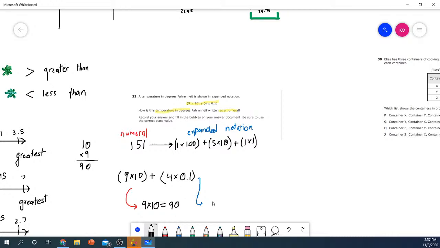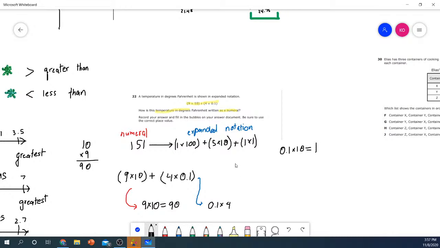Then you do 4 times a tenth. So 0.1 times 4. And how you multiply decimals, as I've covered earlier, what you have to do is make the decimal into a whole number. So 0.1 times 10 is equal to 1.